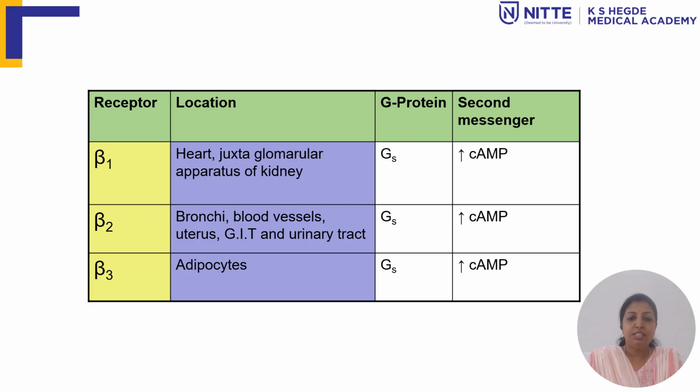Then you have beta 2 receptor, which is mainly present on the bronchial smooth muscle, blood vessels, uterus, GIT, and the urinary tract. And beta 3 is mainly present in the adipocytes. So beta blockers mainly block beta 1 and beta 2 receptors.